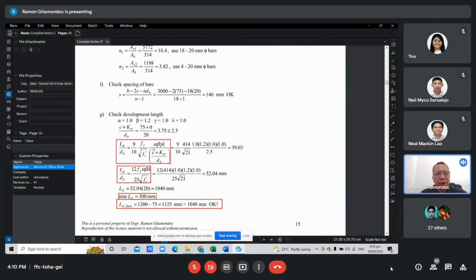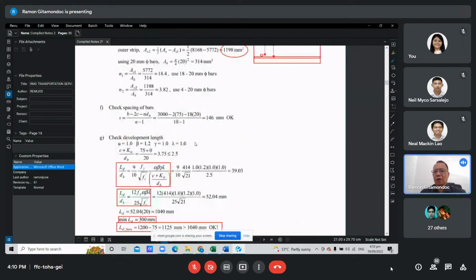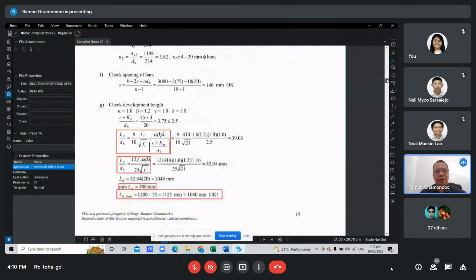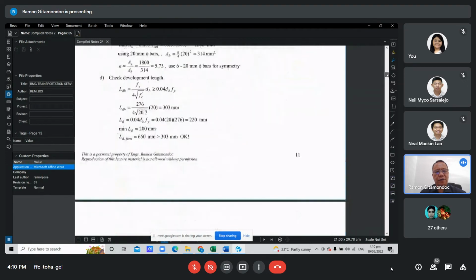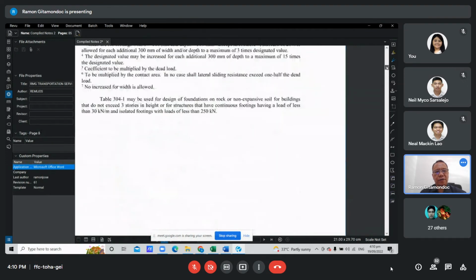Okay, so we have these development length factors. Alpha is the reinforcement location factor, beta is the epoxy coating factor, and then gamma, let's look at the definition for this one. I forgot the definition of this.